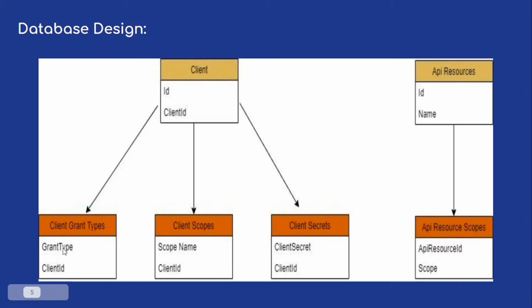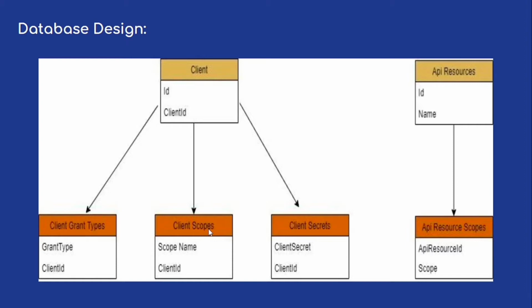Here we have the grant type, meaning the authentication name, and the client ID, which is nothing but the primary key ID we will store here. The names look similar, but in the child table, instead of saving the client ID directly, we will store the primary key ID.